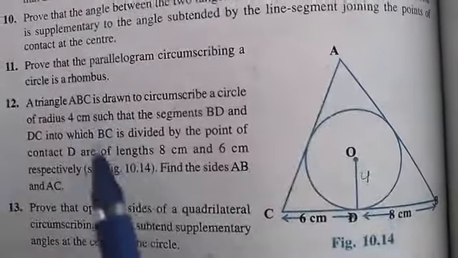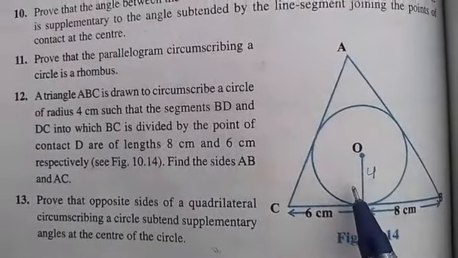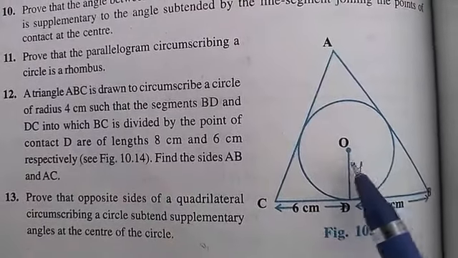Clear? Now see, this is the given part. I hope you understood what is given, and what you have to find. Now I have to draw in the question diagram. A little bit of construction is there.